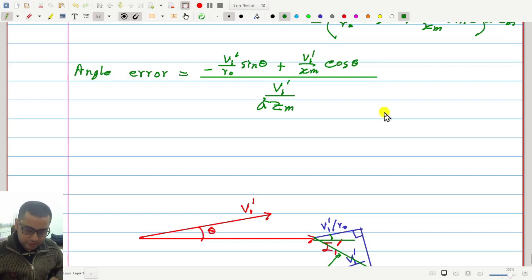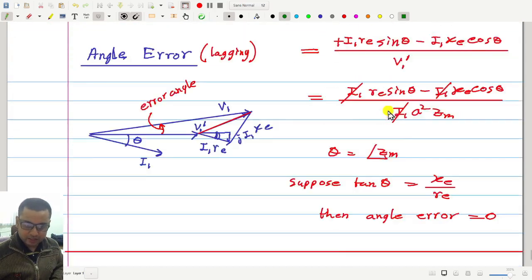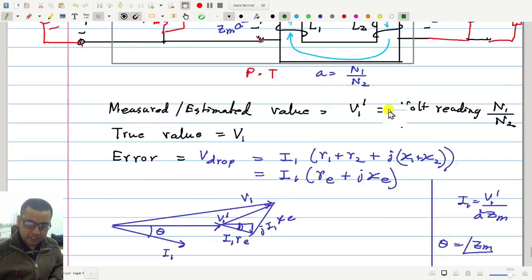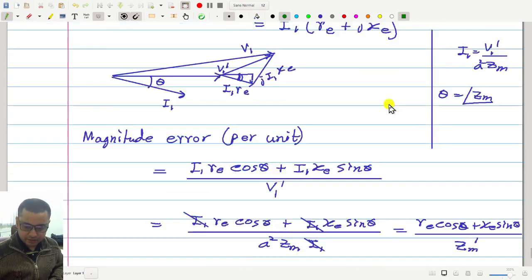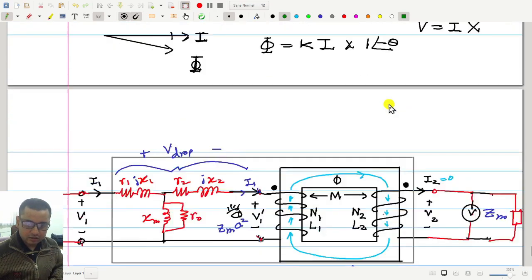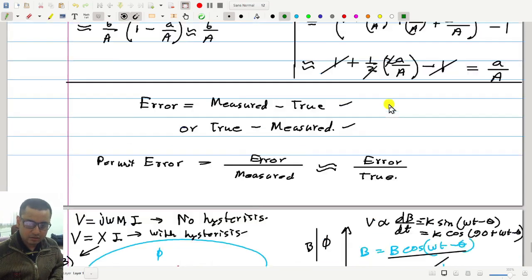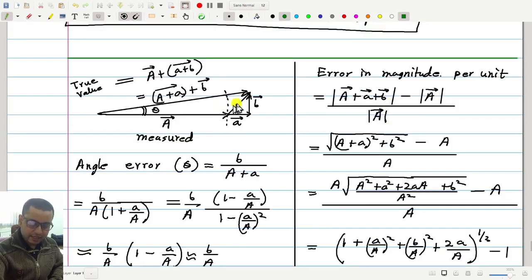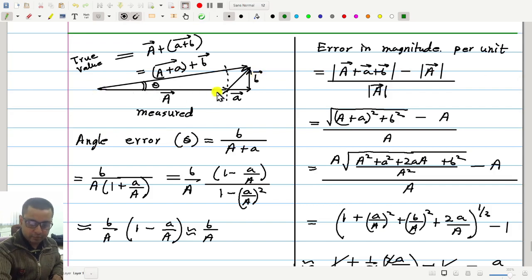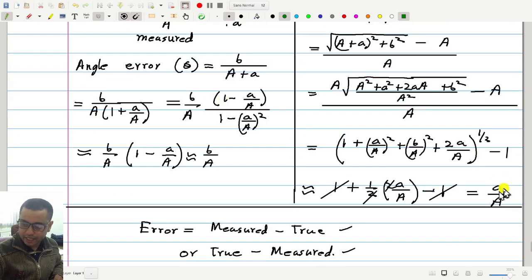Fine. So once you see, you don't have to remember these complicated formulas. All you have to remember is this approximation idea. This thing that the error in angle is mainly dominated by the perpendicular component of the difference, so it's like b by measured value, and here it's like a by measured value.